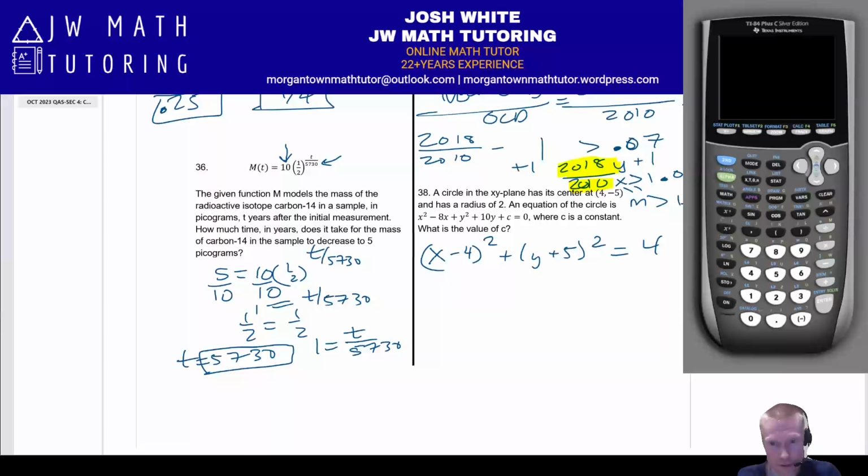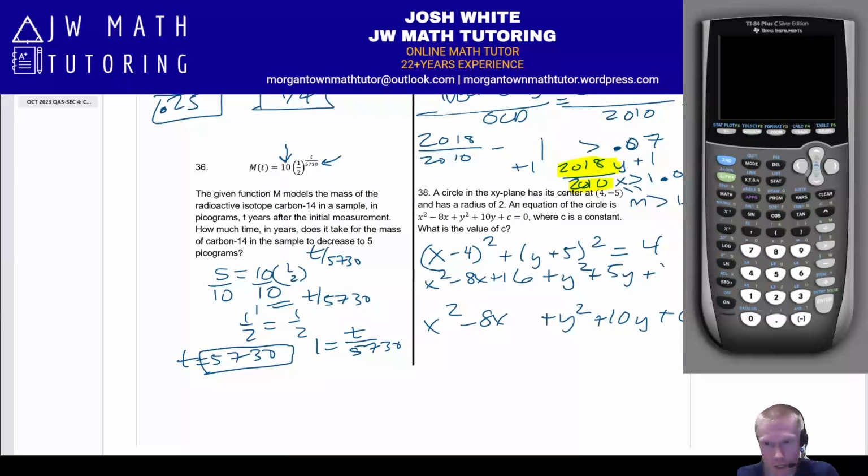And now they say this is equal to x squared minus 8x plus y squared plus 10y plus c equals 0. So if you just expand this out, x squared minus 8x plus 16, technically it's FOIL, but I'm just doing it all in my head because I already know how it's going to simplify. Y squared plus 10y plus 25.